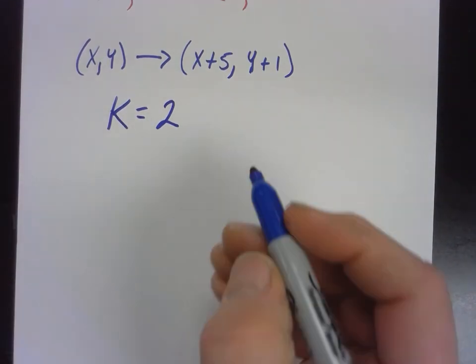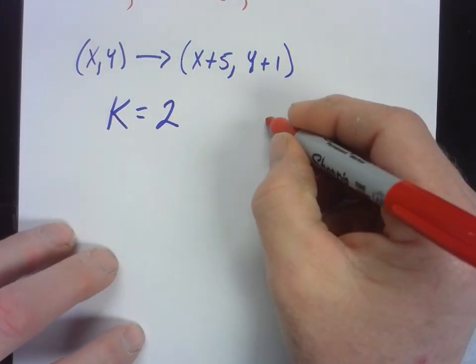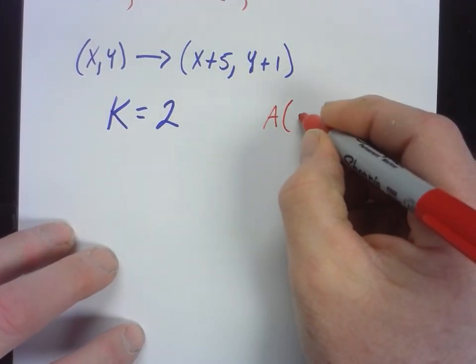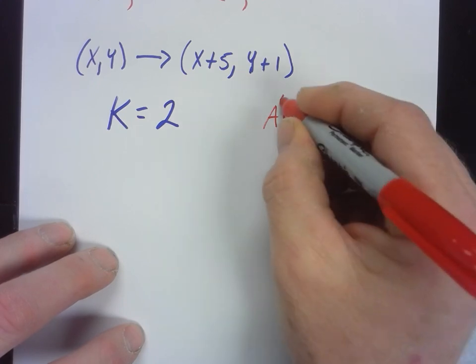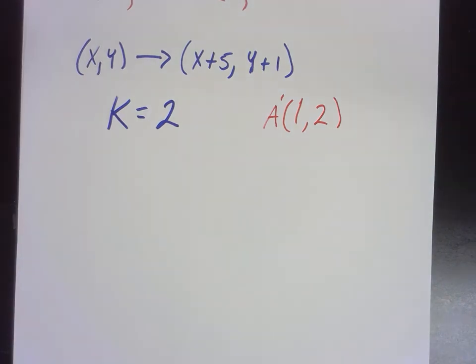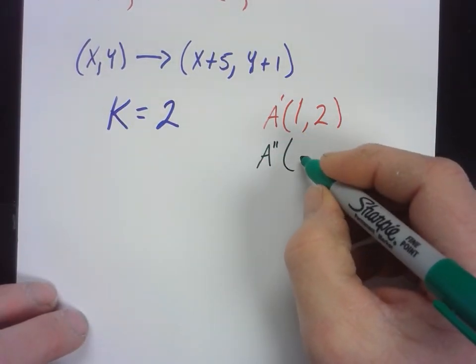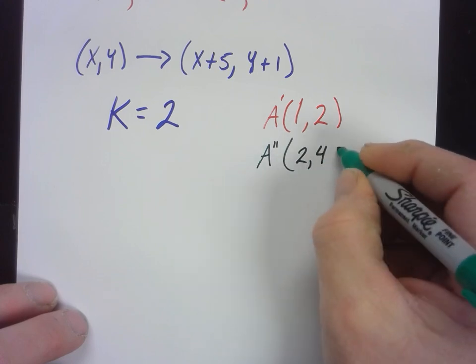The other way we can look at it is we can literally look at the points themselves. Here's point A prime, which is (1, 2), and then the green A double prime is (2, 4).